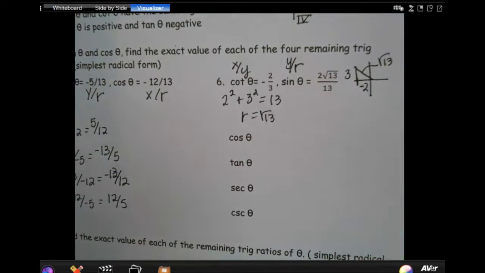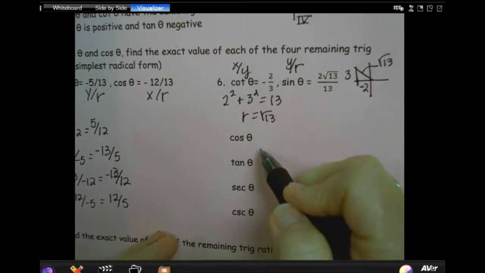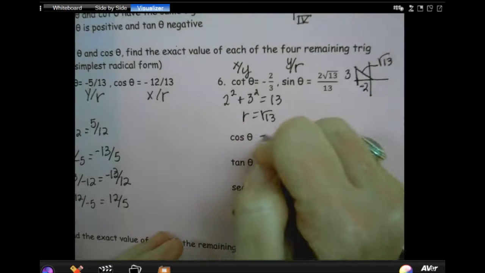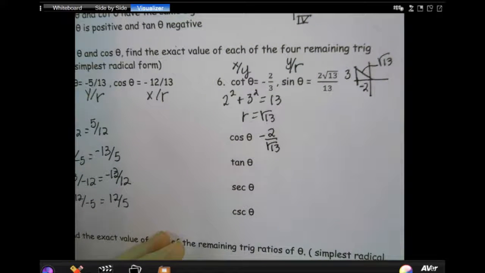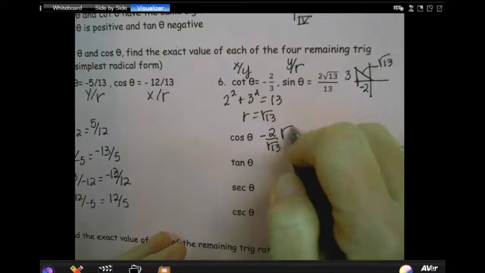So now can I just fill in the rest of my values? So my cosine is what? Negative 2 over the square root of 13. Can I have a square root of 13 on bottom? No.